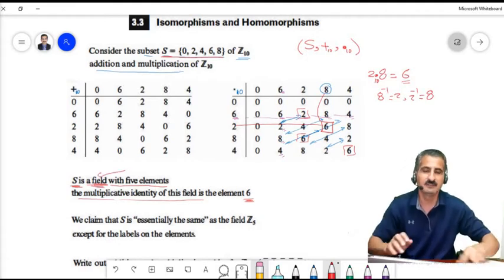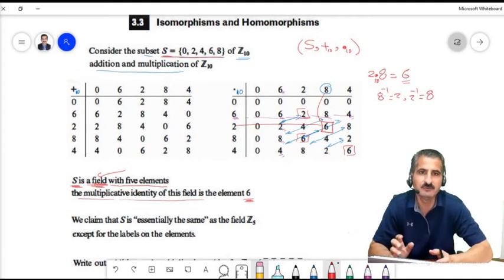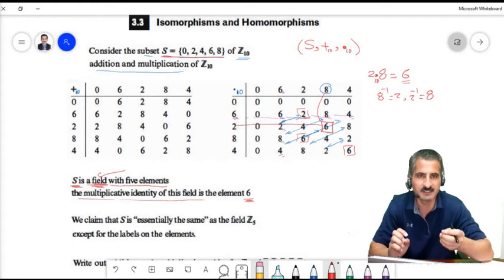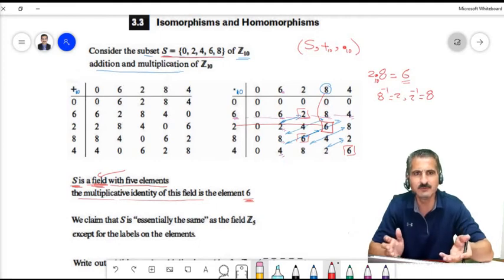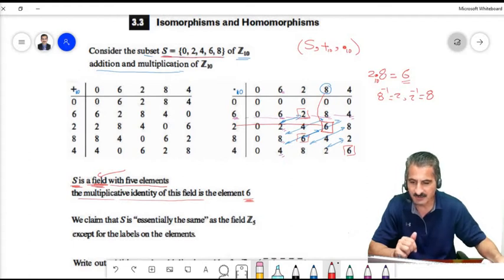Okay, now let's go back. Our lesson is about isomorphisms. So what do we want this S for? We have defined a subset S, which came out to be a field that has 5 elements. What do we want to do with it? We will show it is essentially the same as Z5.